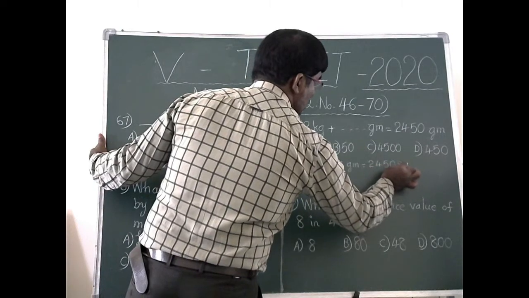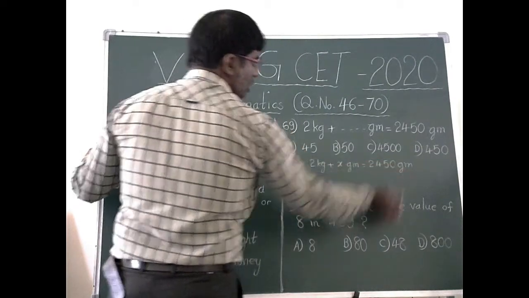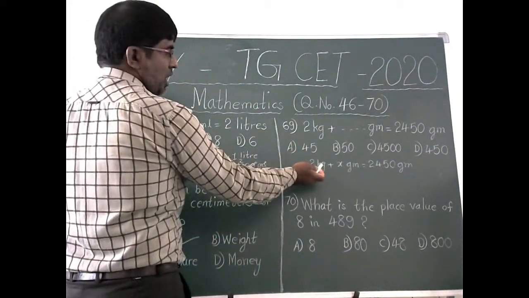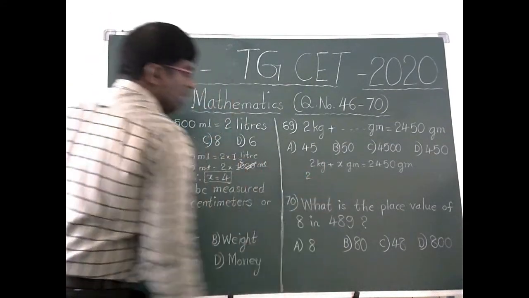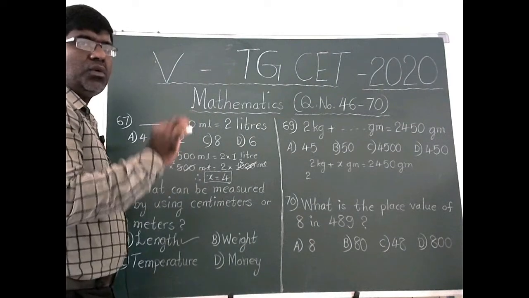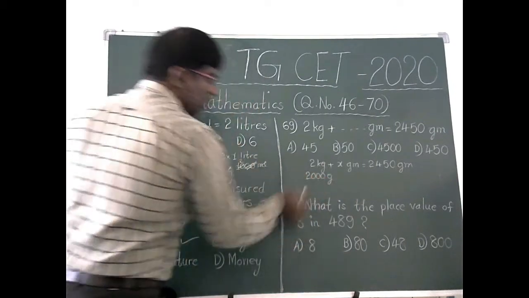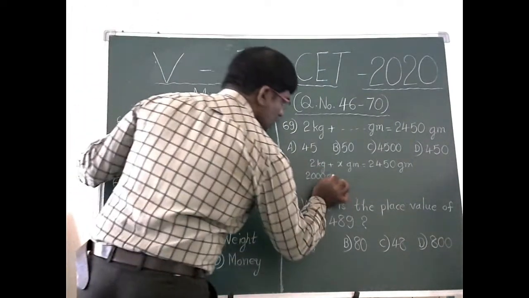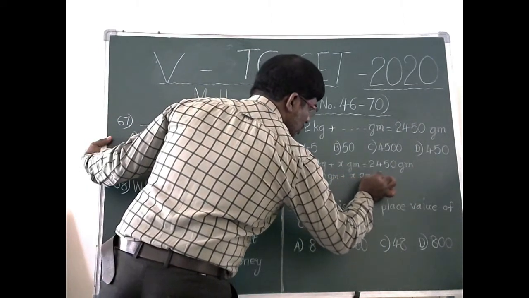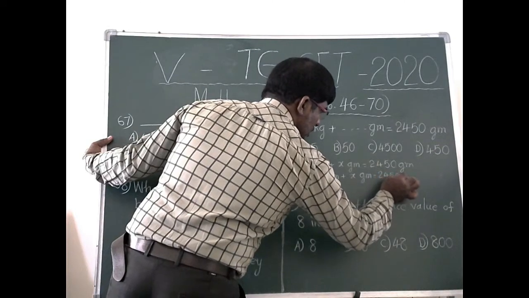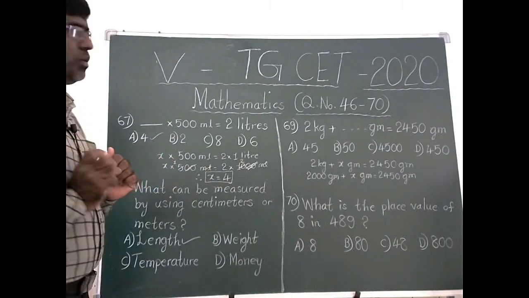Here kilograms is given, and the others are grams, so we should convert the kilograms into grams. 1 kg equals 1000 grams, so 2 kgs is 2000 grams. 2000 grams plus x grams equals 2450 grams. All values are converted into grams.